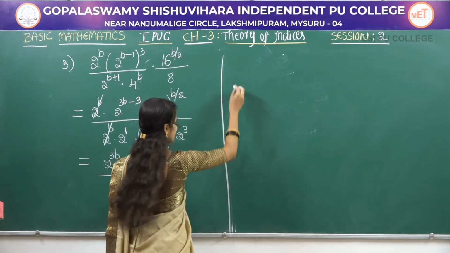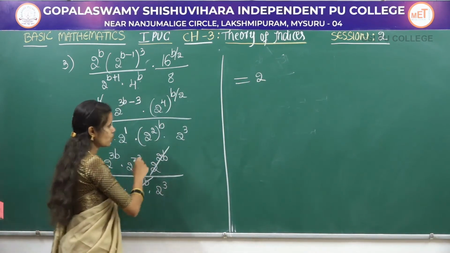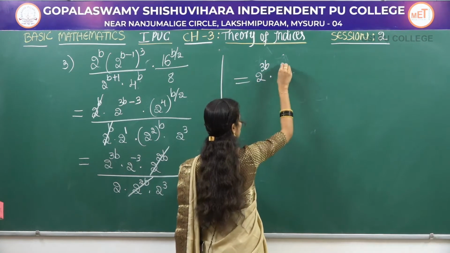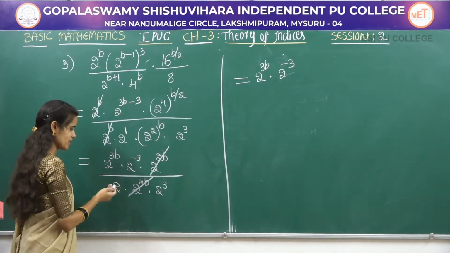So remaining terms 2 to the power of 3b into 2 to the power of minus 3.